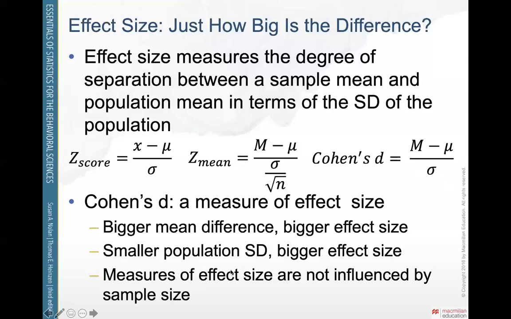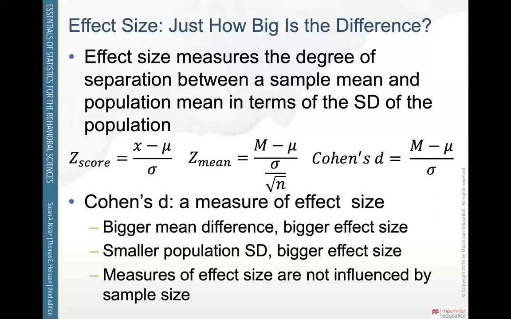Another thing which is important about Cohen's d, which is emphasized in your textbook, and I'll show you some evidence here that will supplement the textbook nicely, I believe, is that measures of effect size like Cohen's d are not influenced by sample size. Z mean, because of it having the standard error in the denominator, is very much so influenced by sample size.